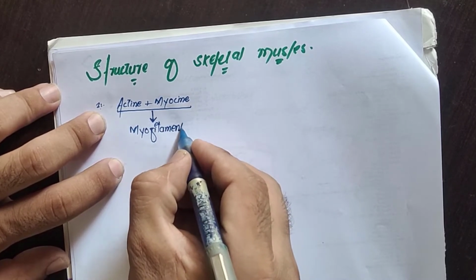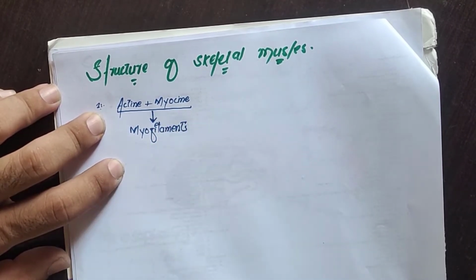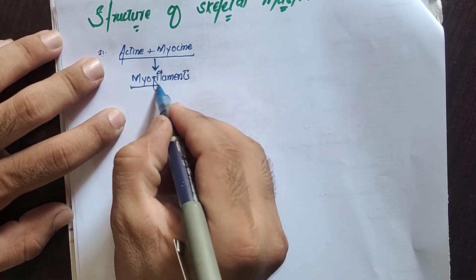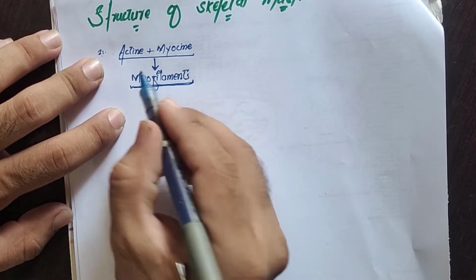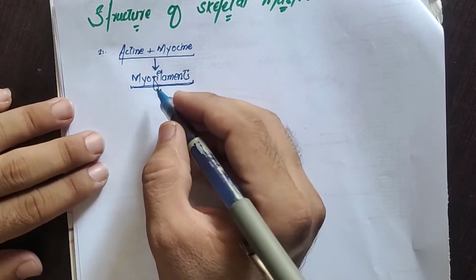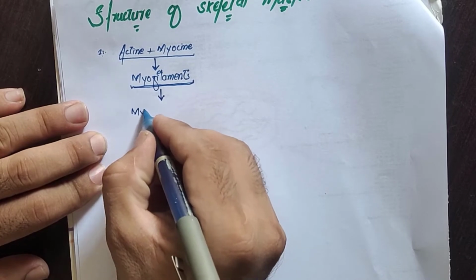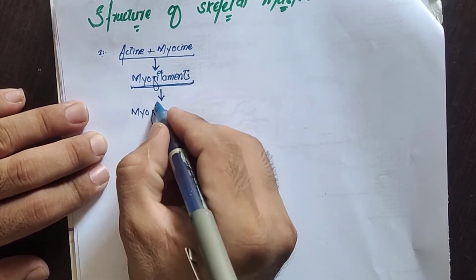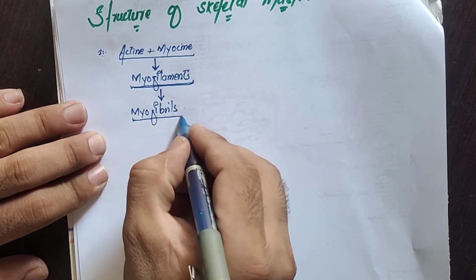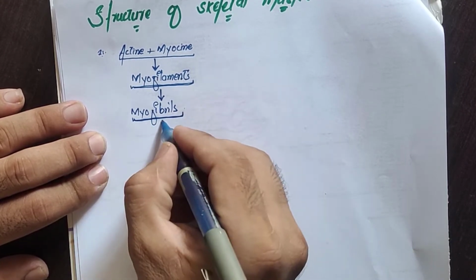Okay, there will be other proteins also inside them. We will discuss them later. These myofilaments will combine and they will make myofibrils, right. And then these myofibrils, I will show in the diagram.